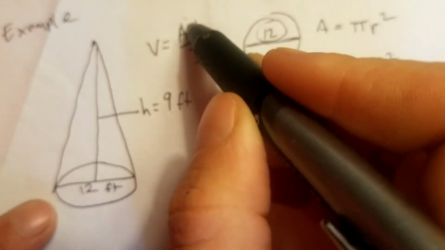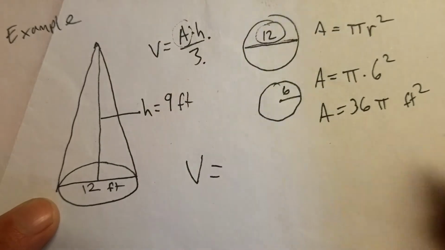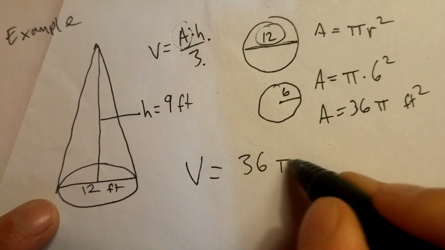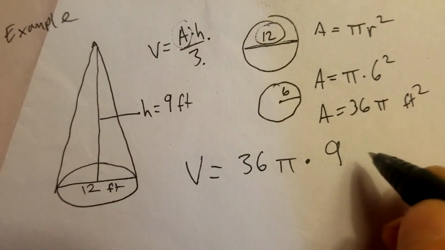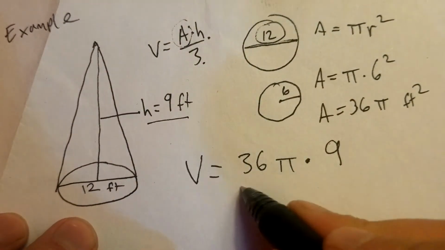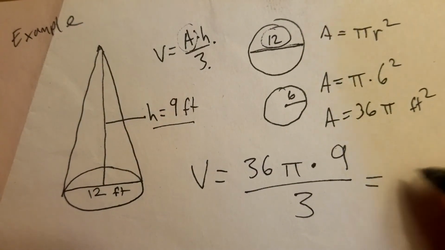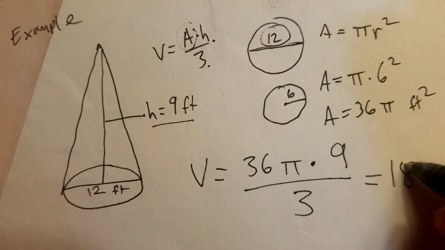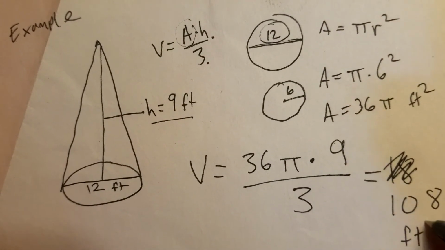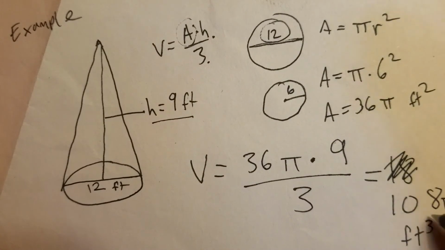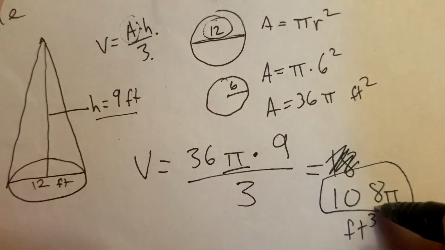So now I know what the area is, I know what the height is, and then I just divide by 3. So plugging this in to the formula, the area is 36 pi. That gets multiplied to 9, which is the height, and then divided by 3, which is 108 pi feet cubed, because the pi hangs out.